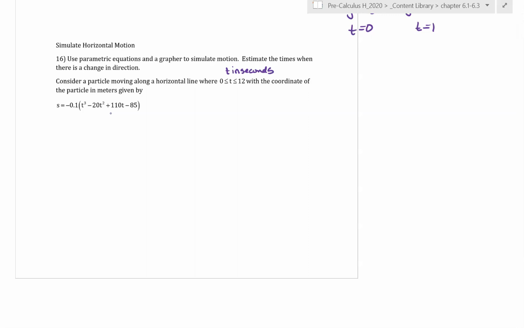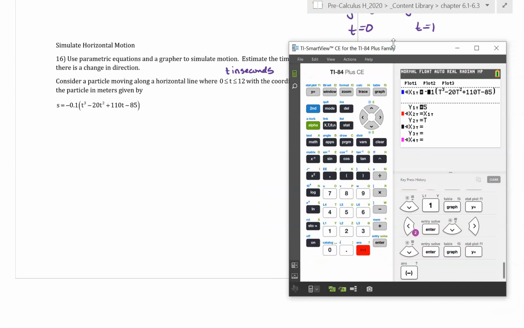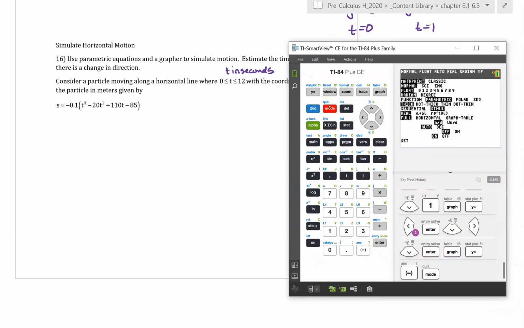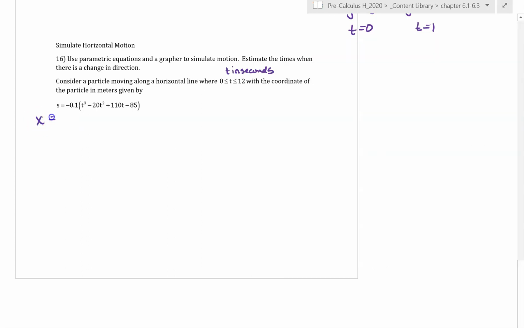So if you grab your calculator right now and go to mode, make sure you are still in parametric mode, go to y equals. For x, go ahead and type in the equation given here: x equals negative 0.1 times t cubed minus 20 t squared plus 110 t minus 85.